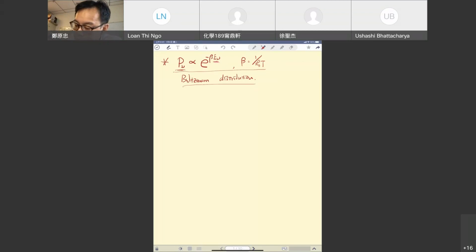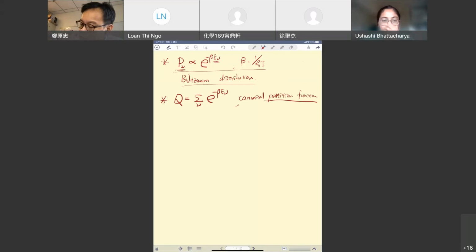Secondly, we introduced this normalization constant Q, the summation over all the microstates of exponential minus beta E nu, and this is called the canonical partition function. The partition function is the central focus of statistical mechanics, because as long as we calculate this partition function, we can generate all sorts of average values through it.